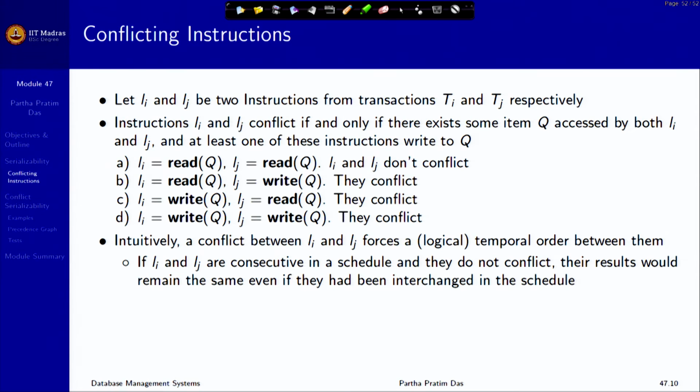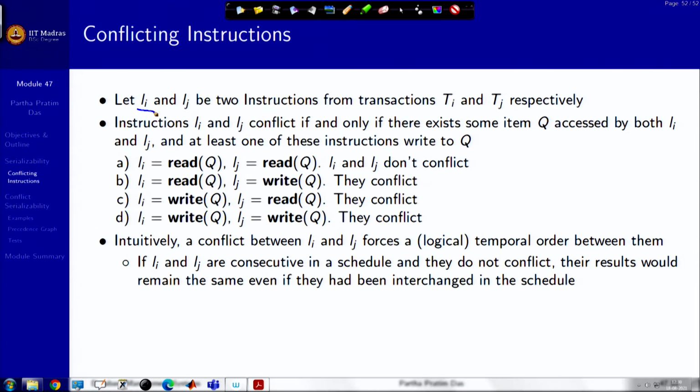Now, suppose there are two transactions Ti and Tj, with two instructions Ii and Ij, from transaction Ti and Tj respectively. So, Ti is a transaction, Tj is a transaction, Ii is some instruction in Ti, Ij is some instruction in Tj, right.